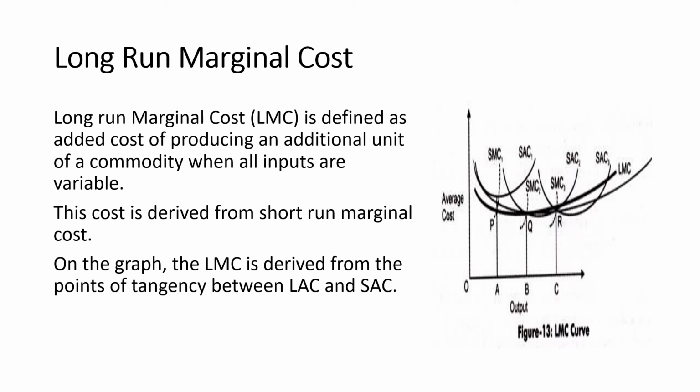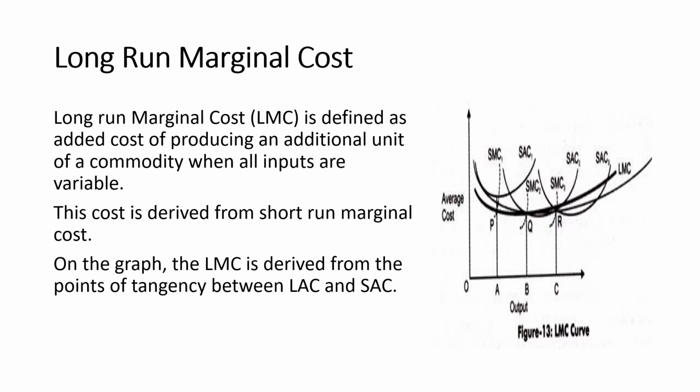After discussing the total cost and average cost aspects in the long run, here we discuss the marginal cost. The long run marginal cost is derived from the short run marginal cost curves.